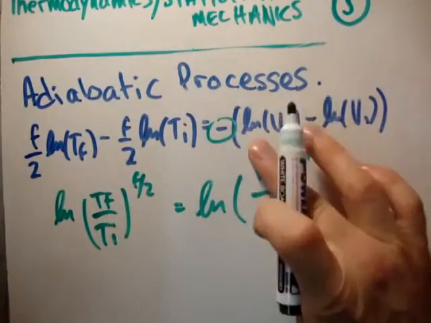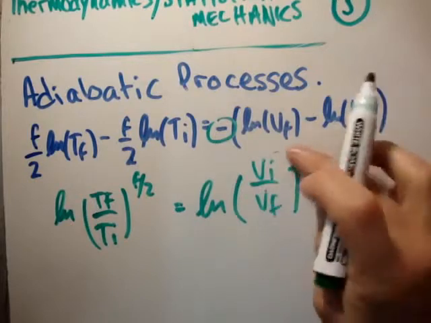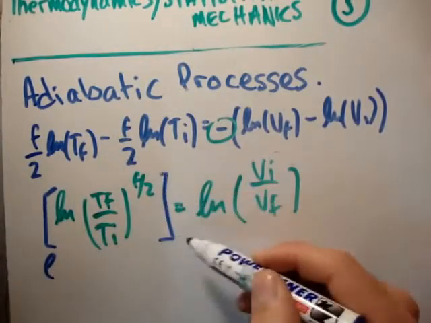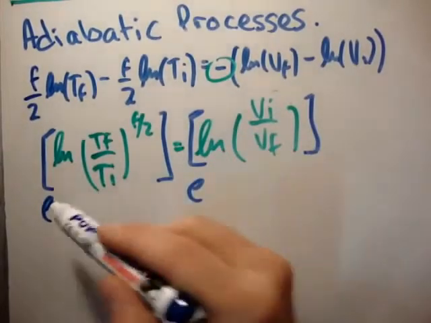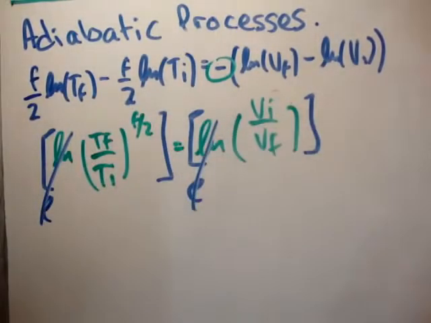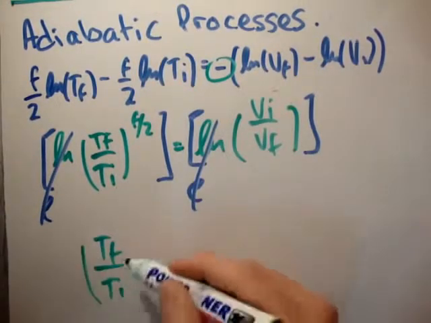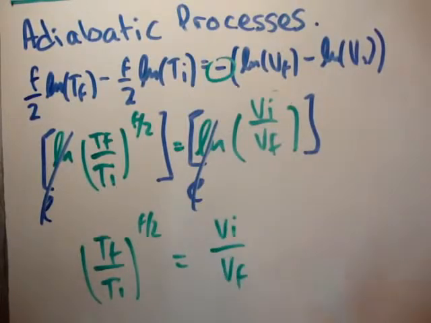But if we bring up the minus, we can instead just swap which is on top and which is on the bottom. Pretty straightforward. How do we get rid of the natural logarithms? Well, we exponentiate the whole lot. Exponentials and natural logarithms are inverse functions, so they just go away. What we're left with is tf over ti to the f over 2 is equal to vi over vf.